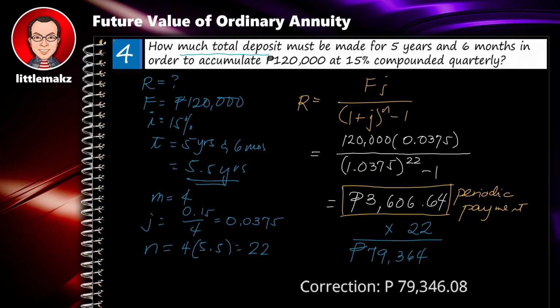So we were able to get the total amount, which is equal to 79,364. This is your total deposit. So that's just about it. This is how we apply our future value in the given examples. Thank you.